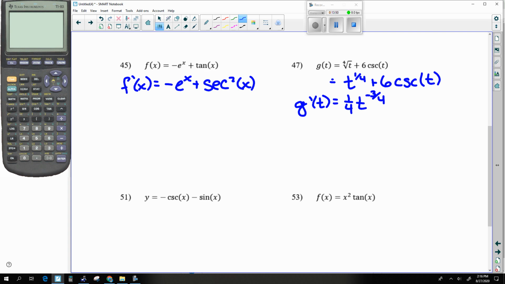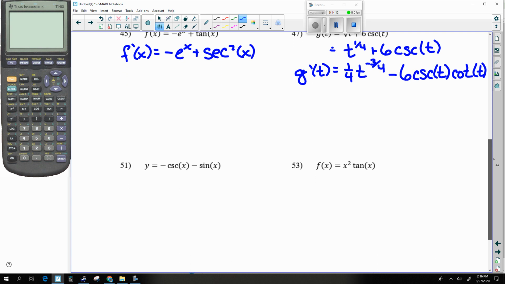Cosecant is going to be cosecant cotangent with a negative. So this is going to be a minus 6 cosecant cotangent. I'm not going to worry about cleaning up that t to the negative 3/4. That'd be the only thing that you would maybe need to clean up, but I think it's good enough.